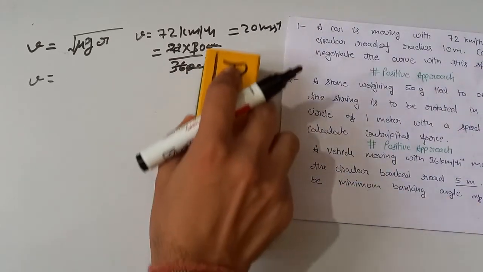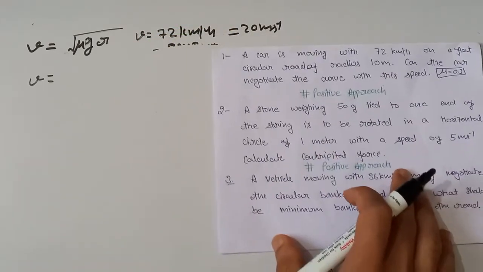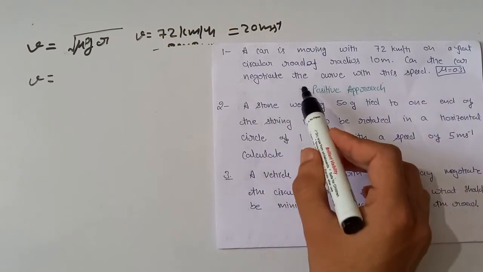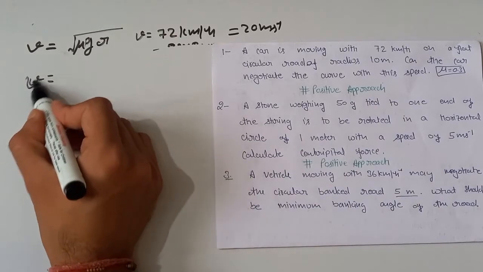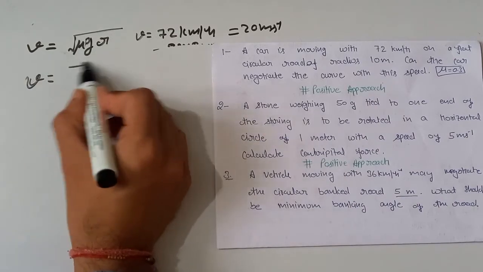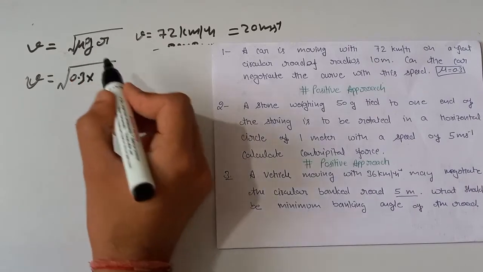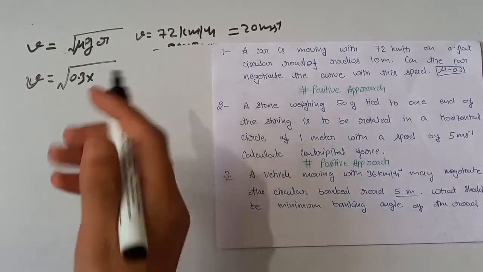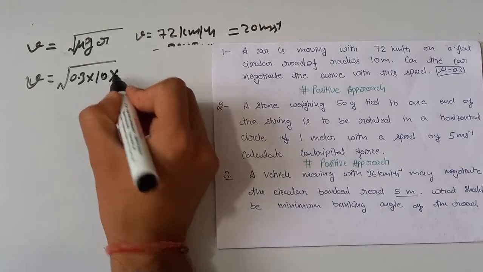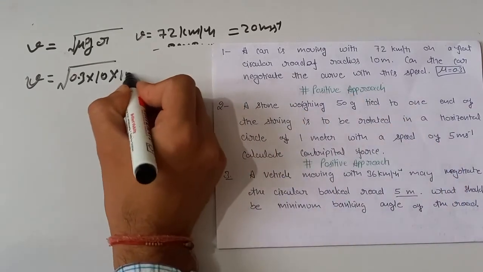Now the velocity of the car is 20 meter per second, and the maximum negotiating speed is under root of mu gr, which is equal to under root of mu, here 0.3, and g is 9.8, for simple calculation we take it as 10, into r, and the radius is 10 meter.